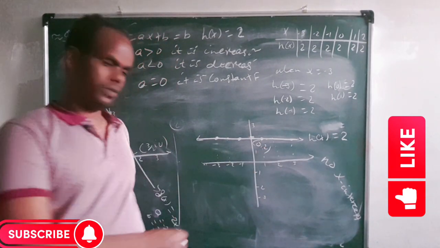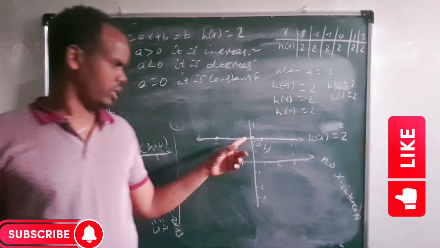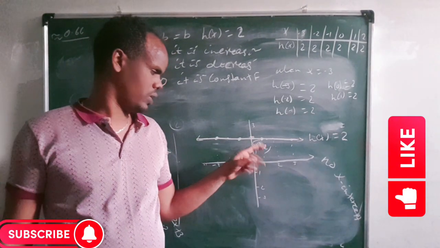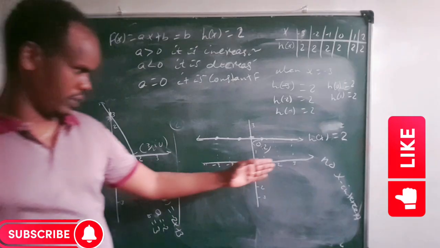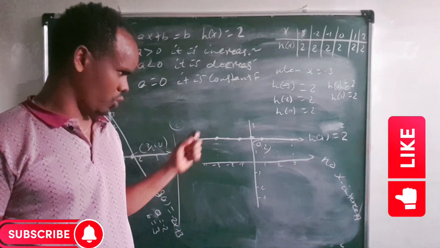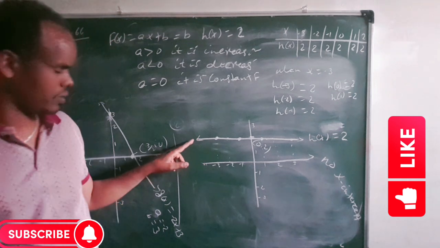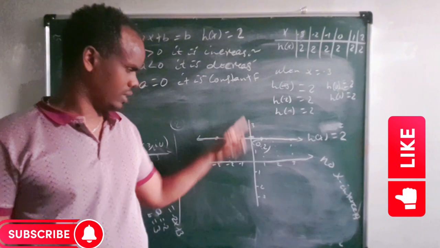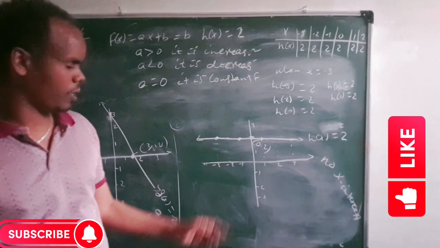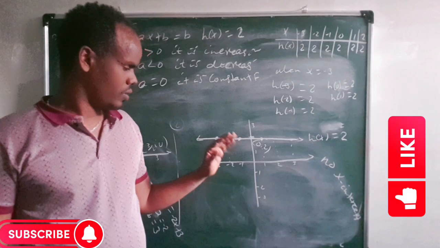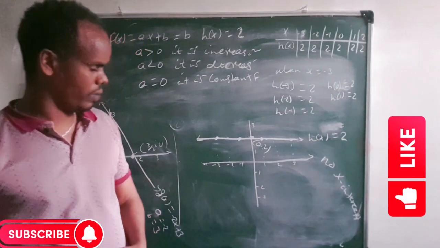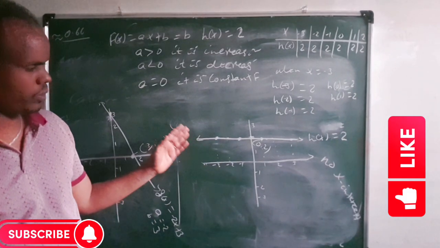It is a horizontal line, and it is parallel to the x-axis. The x-axis and y-axis are perpendicular lines. So this is the graph of a constant function.